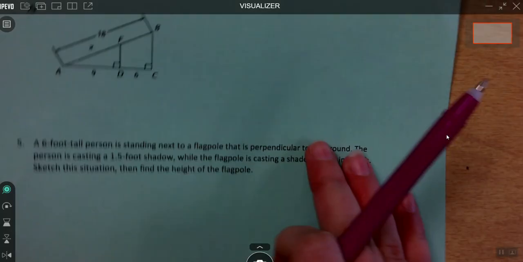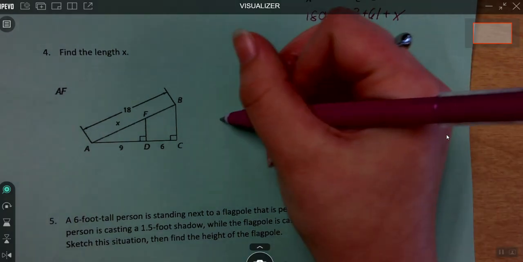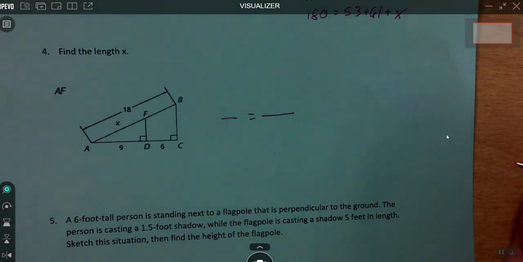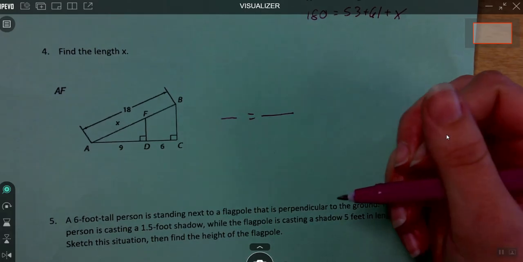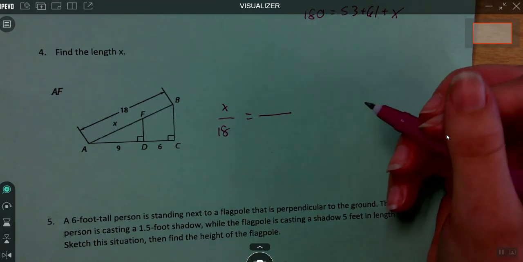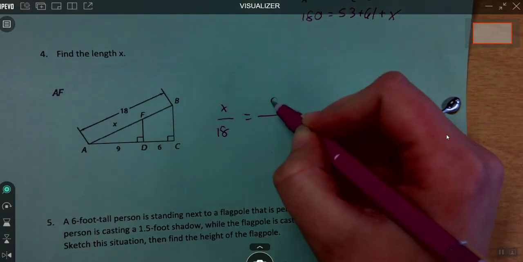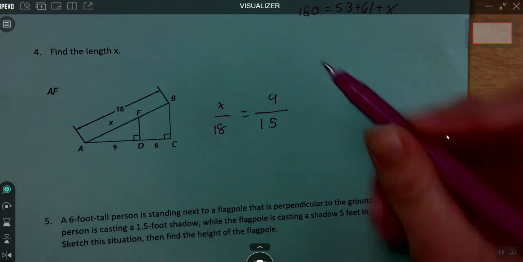Okay. How did we do on 4? Some of you are confident in it. Can anyone tell me the proportion they used? Say a little bit louder. 9/15? Can you tell me why you picked that?